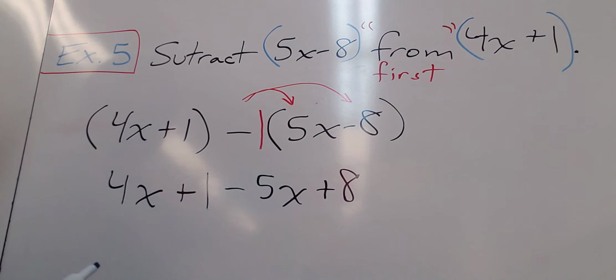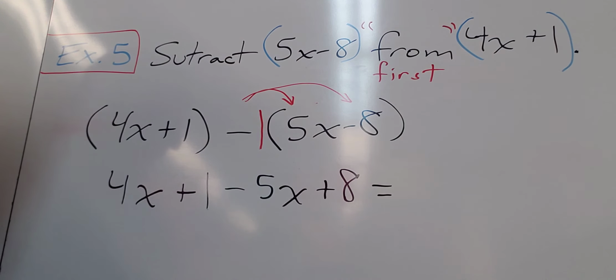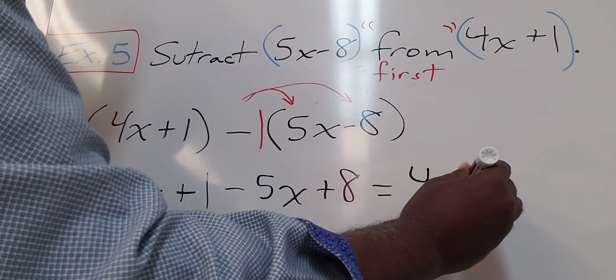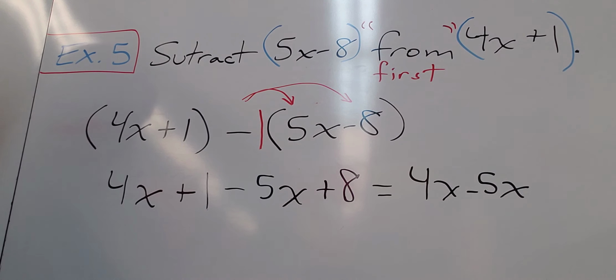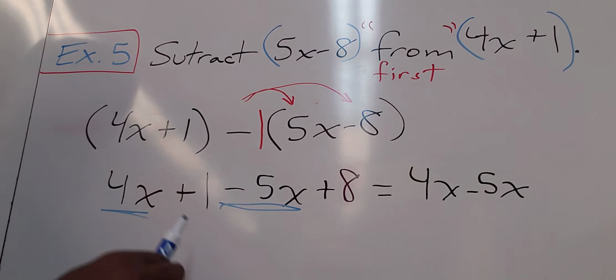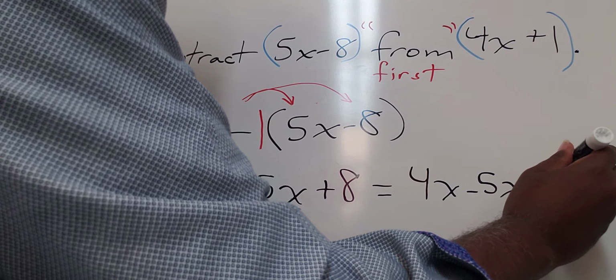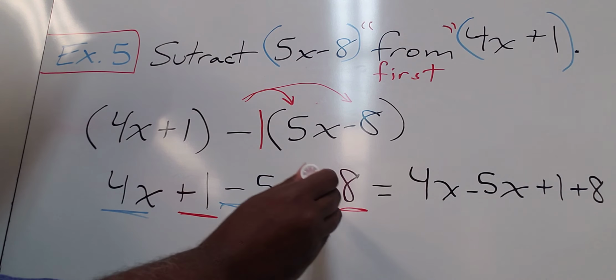That's huge, because now we go to our next step, and remember we're going to group our like terms. Who are our like terms? The ones that have the exact same variable with the exact same exponent. So I have the 4x minus the 5x. Like terms, negative sign, hugely important. They're going to stay together. And then we're also going to have the plus 1 and the plus 8. Notice the constants have no variable.